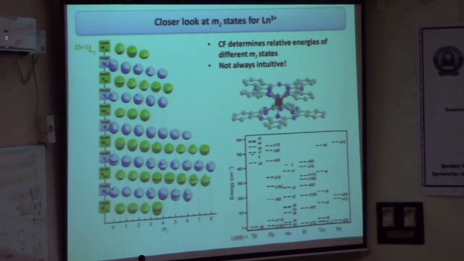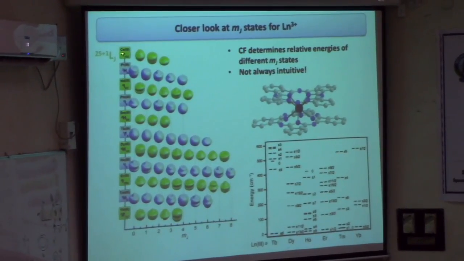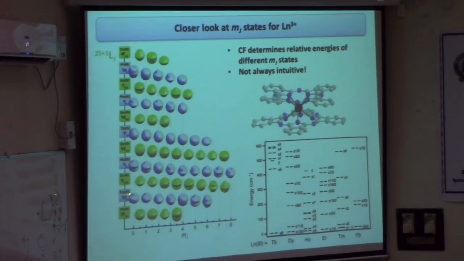What you see here in this graph is the series of lanthanides with their ground state term symbol. So here is dysprosium. Here is the electron density for the various Kramers doublets. For dysprosium we've seen that there are 8 pairs, 1, 2, 3, 4, 5, 6, 7, 8.